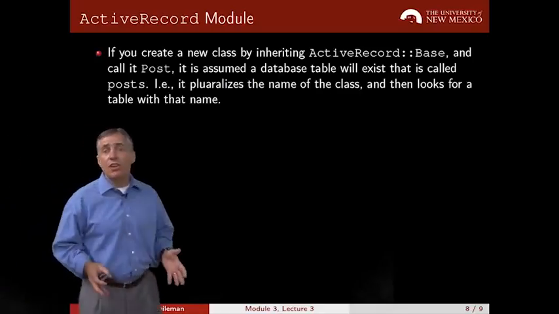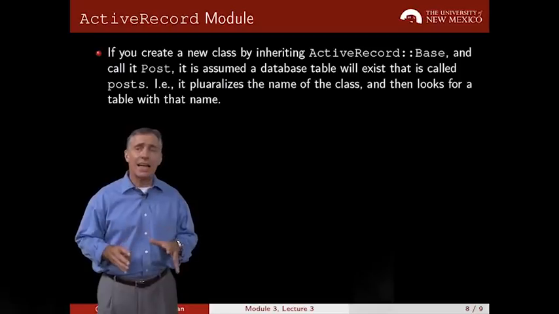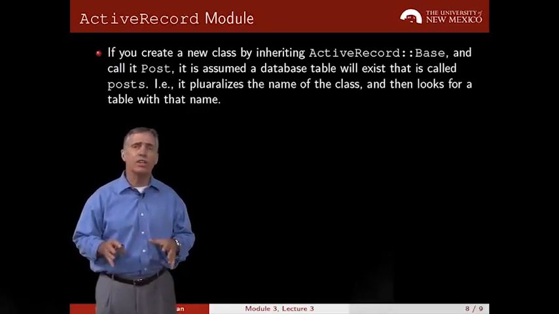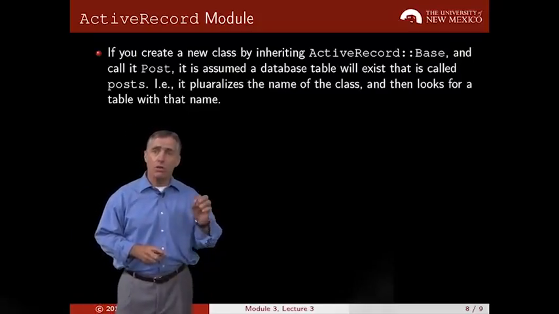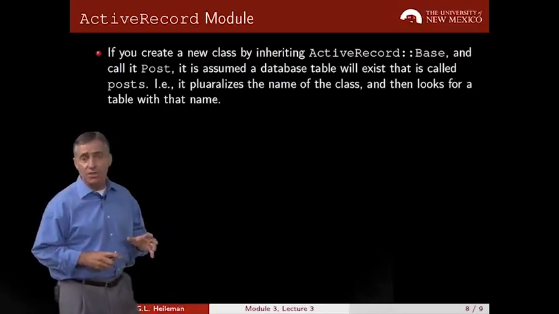Here are some of the conventions that are built into the Active Record module. So if you create a class using Active Record Base and you call it Post, and if you look inside your blog application under the model Post, you'll see that that's exactly how that post object is created.